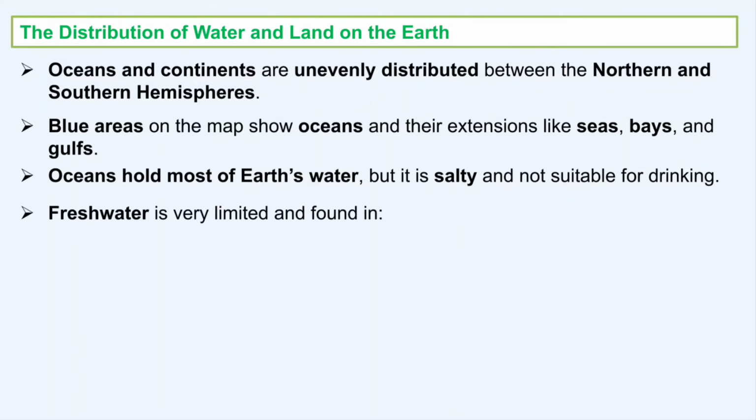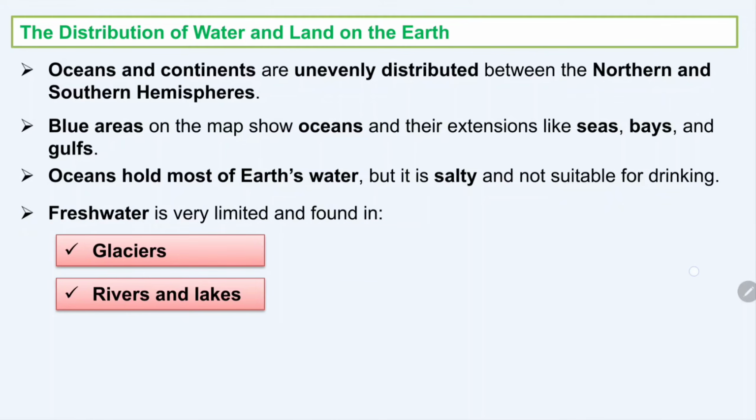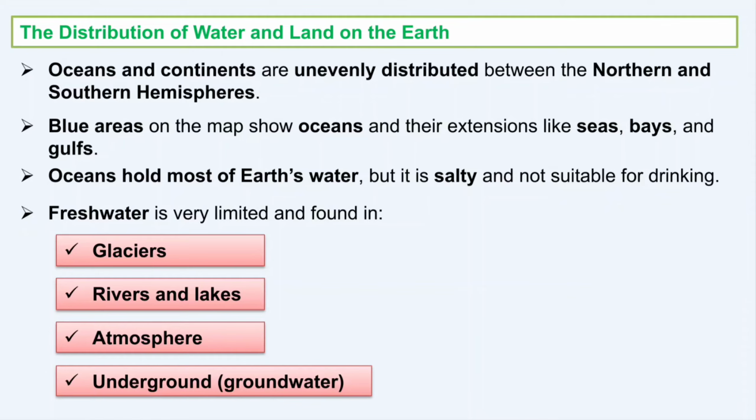That is why we have water scarcity, and fresh water which is fit for consumption is very limited. It is found in rivers, glaciers, lakes, atmosphere and underground, that is the groundwater. And this underground water also we have exploited so much, because so many borewells are being dug, because of which you get water in your tap, isn't it?